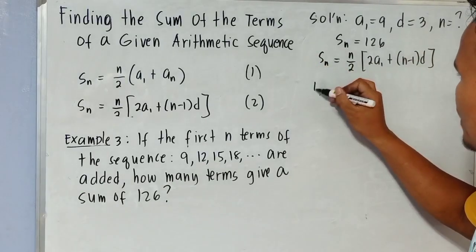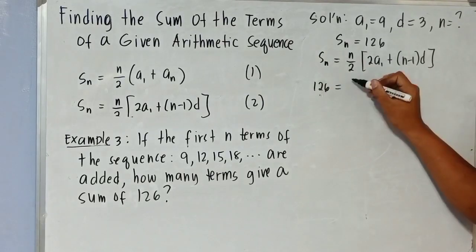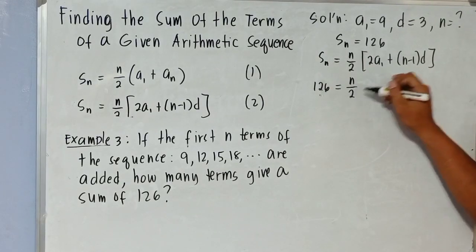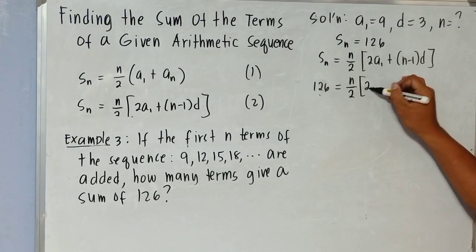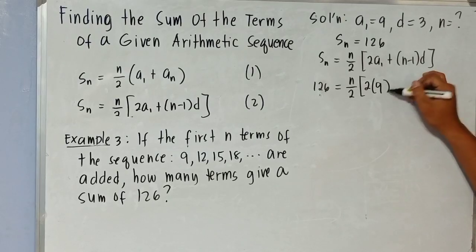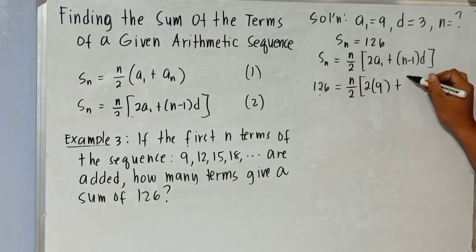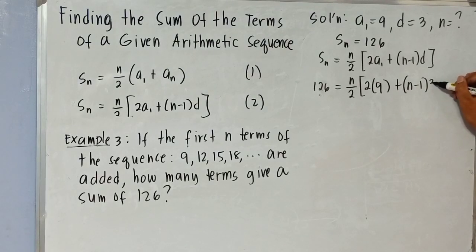So this will become 126 equals n over 2 times 2 times the first term 9 plus n minus 1 times the common difference 3.